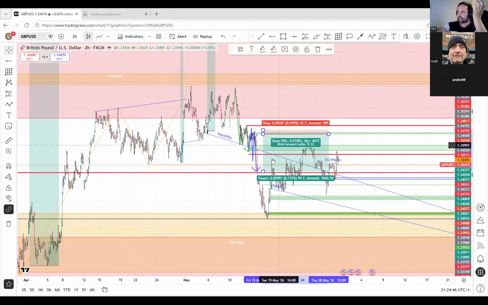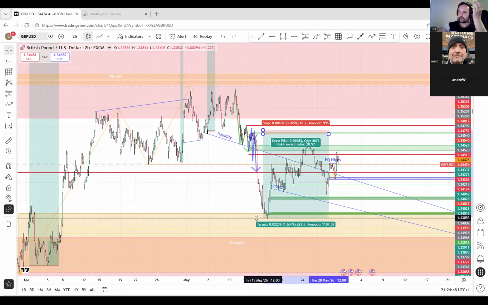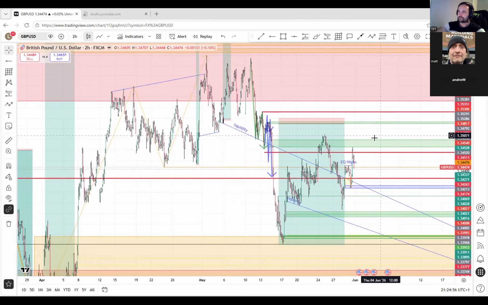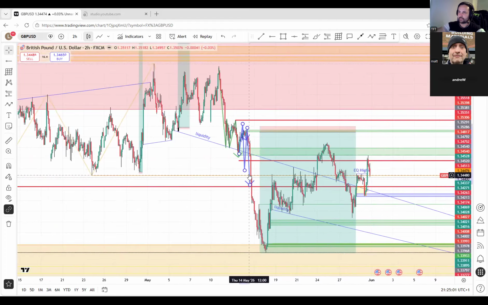I don't do 10 pip stop losses, but let's say if you did have a 10 pip stop loss to that low, we're still talking 23 hours. Like I say, I can guarantee that I wouldn't have taken a 10 pip stop loss trade, so I'm sure it'd have been able to get less.